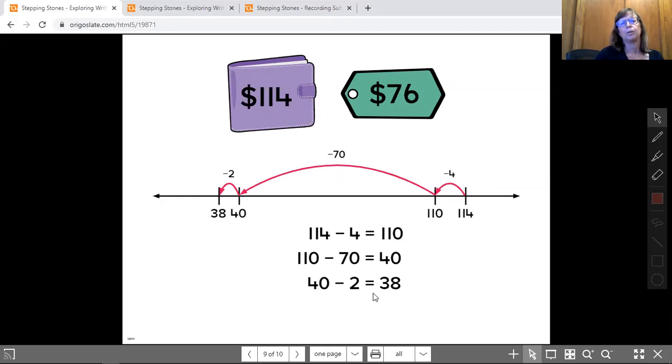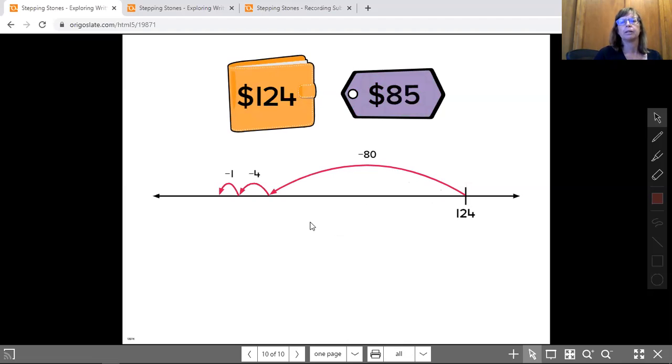And then 2 to get us back to 38. So here's our 70 here in our tens, and we had a jump of 4 here for the first one, and then we had to put in the extra 2 at the end to take it back to 38.